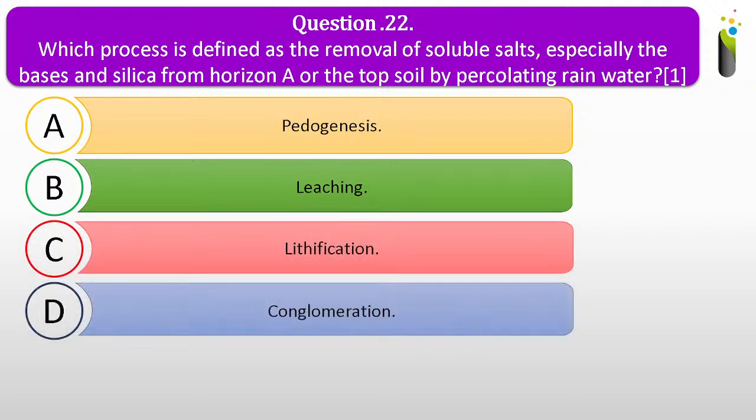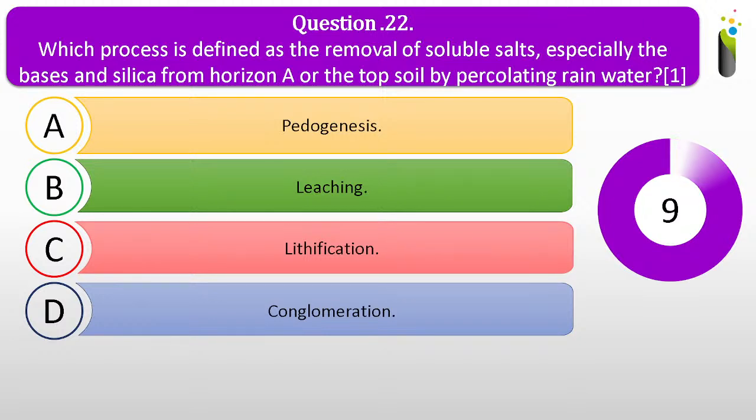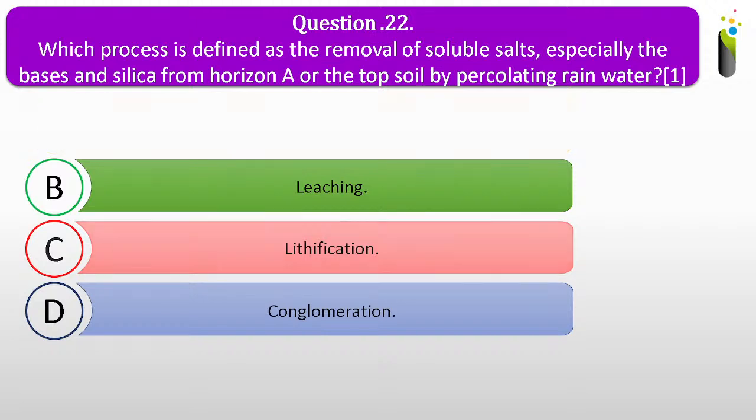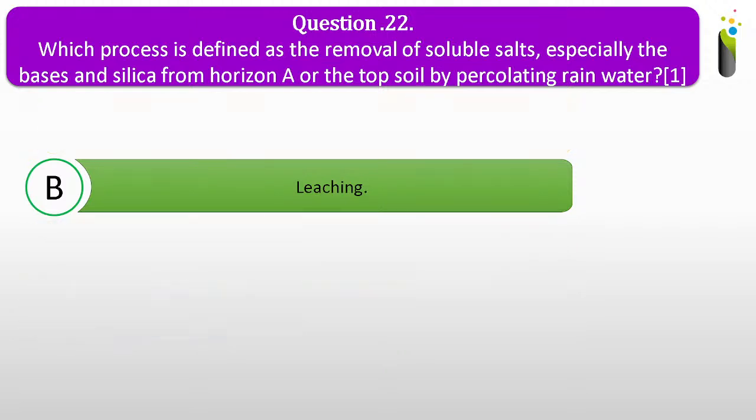D. Conglomeration. And the correct answer for this question is B. Leaching. So it is leaching, which is a process which involves the removal of soluble salts, especially the bases and silica, from the topsoil by percolating rainwater.